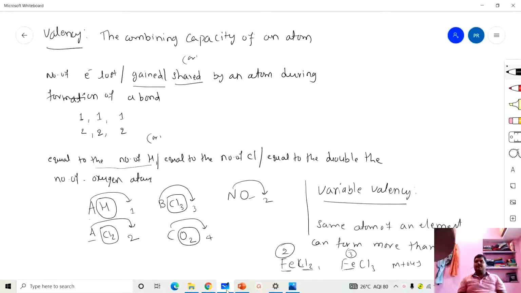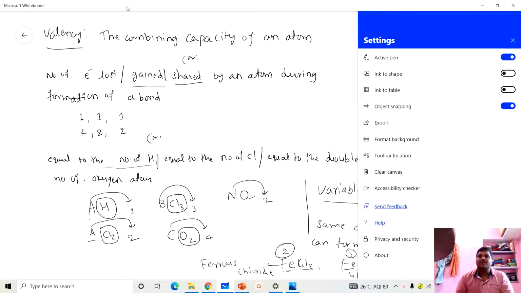The metal name plus ic. So this we can say ferrous chloride, and this we can say ferric chloride. So up to here we have seen in the last class.